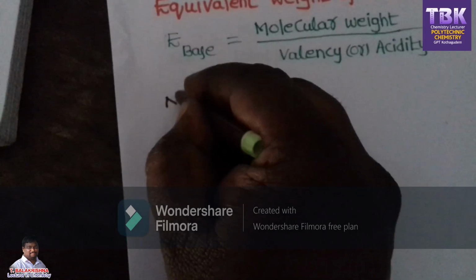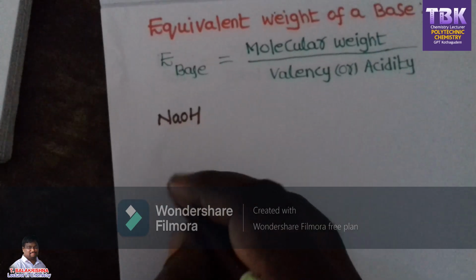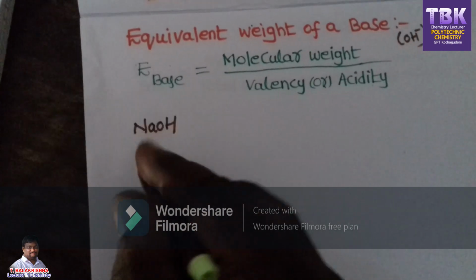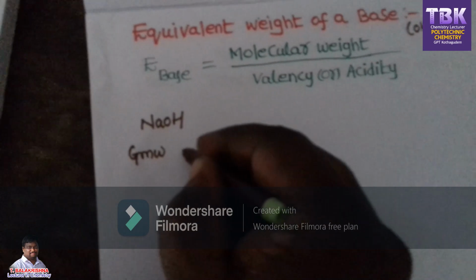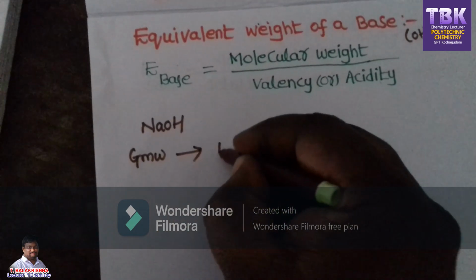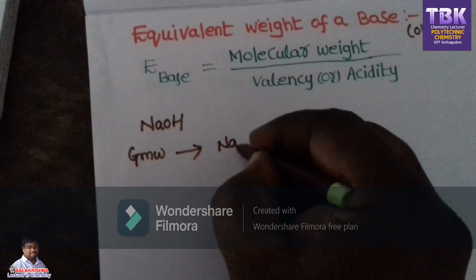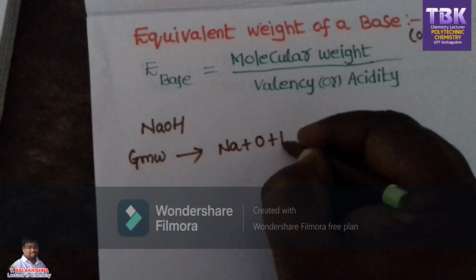Take one example to understand. In general, we know the base sodium hydroxide, NaOH. Before calculating the equivalent weight, first find the gram molecular weight of sodium hydroxide, the sum of the atomic weights. It contains sodium, oxygen and hydrogen.